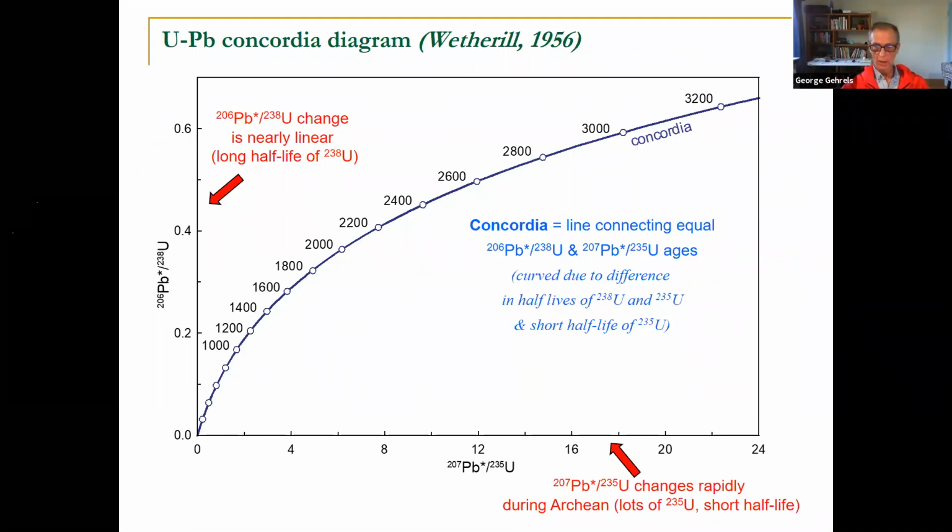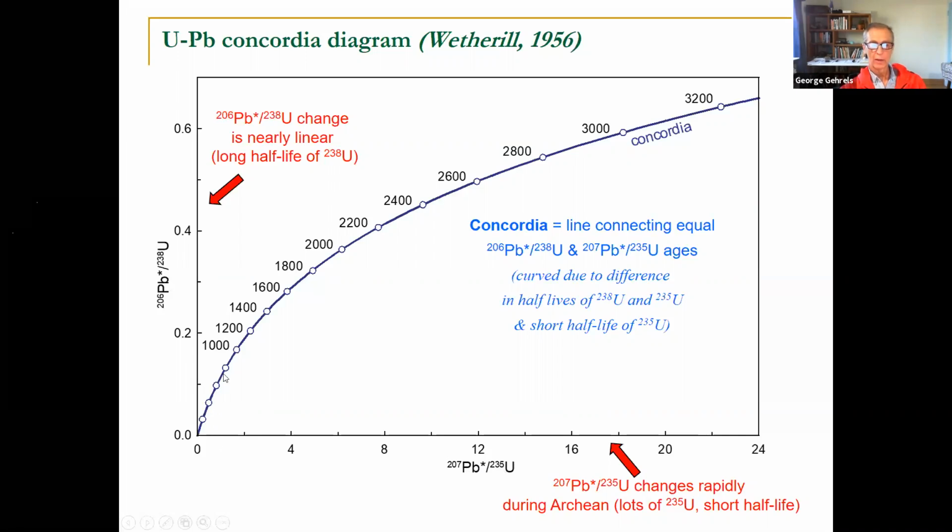And you're saying, yeah, okay, I see 2 of them. I see 206/238 over here. And so the way that you would use this axis is, as time goes on, you increase 206/238. You go up the axis this way. And the age that you calculate just gets progressively older and older and older. Likewise, for 207/235, that ratio is going to increase in time, right? As time goes on, you develop more 207, less 235.